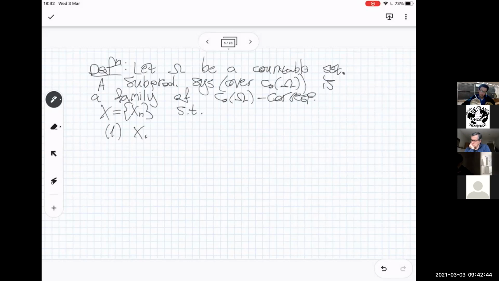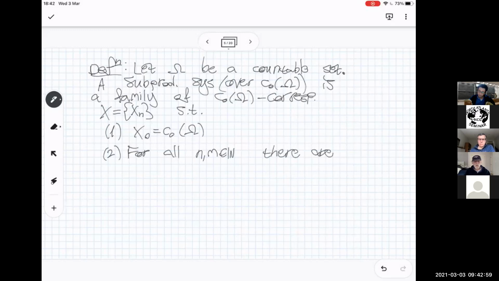One, X0 is C0 of omega. Two, for all natural numbers n and m, there are co-isometries U n,m from Xn tensor Xm to X n+m. These are called the subproduct maps, such that they behave associatively.